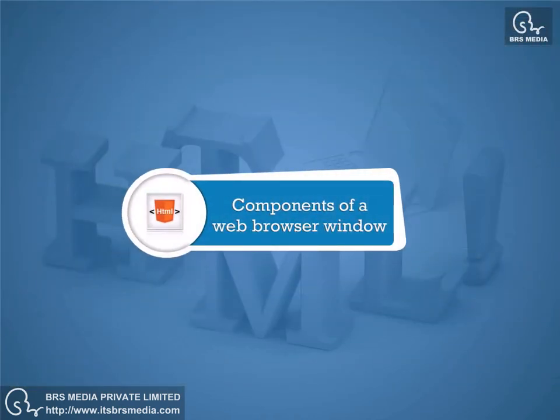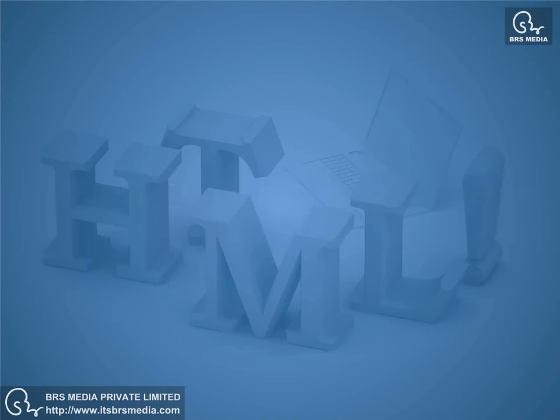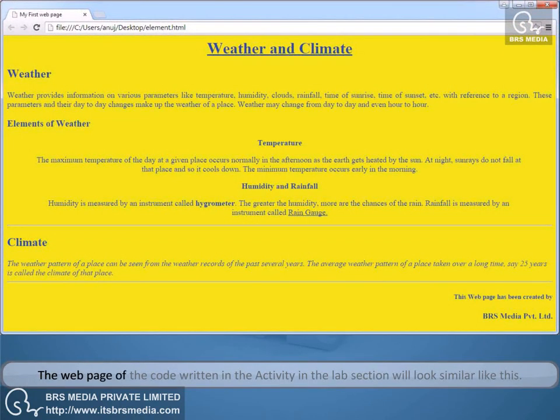Components of a web browser window. The web page of the code written in the activity in the lab section will look similar like this. The browser window will show all the effects given in the HTML code for the web page.